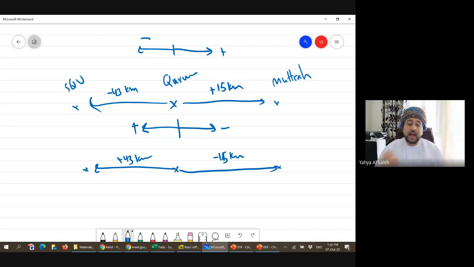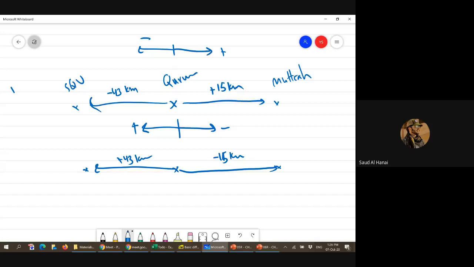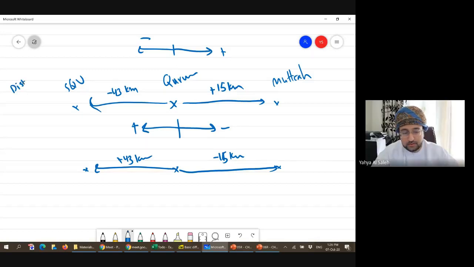Now here is the question. What is the distance between SQU and Matrah? The distance from SQU to Matrah is going to be, now it's minus 43 in this direction, right?